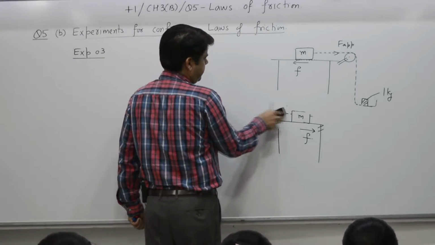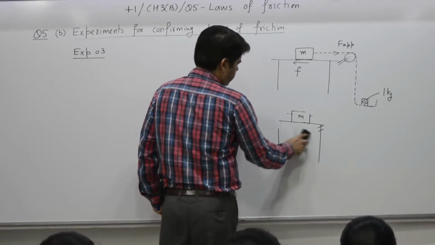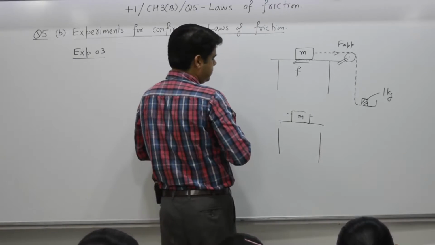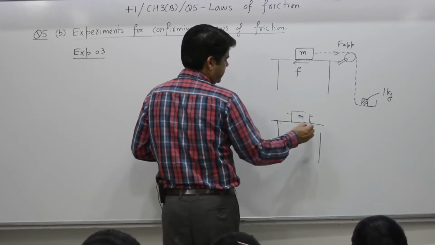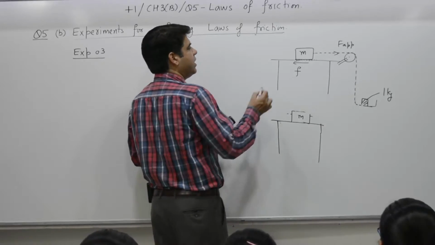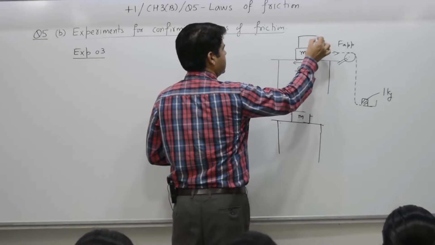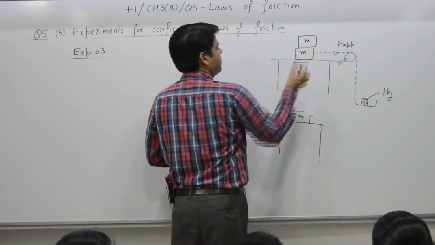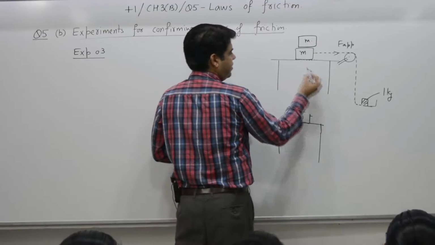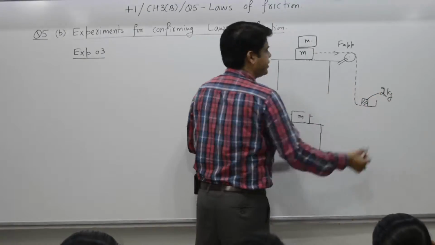Experiment number 3, to confirm law number 3. Law 3 is, yes, friction does not depend on area in contact. We take 2 blocks, each of mass m, and suppose it moves with a 2 kilogram weight.